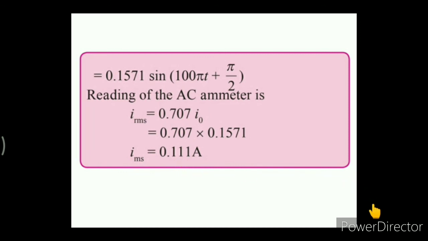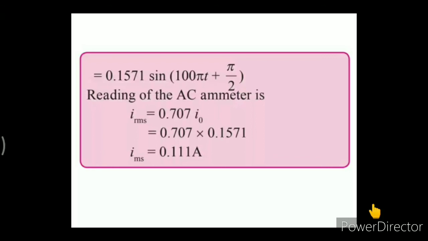That means the reading of the AC ammeter connected in the circuit gives the RMS current as 0.111 ampere.